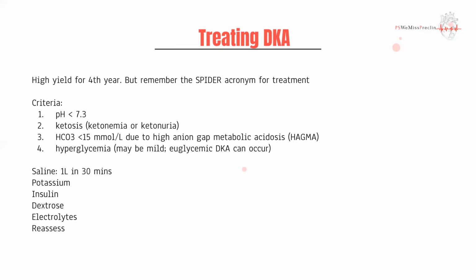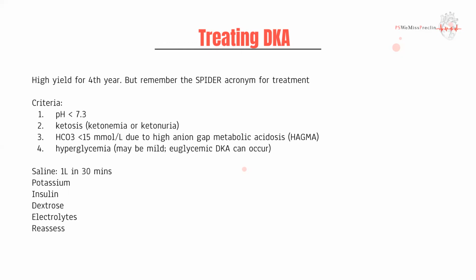Well, Karan, why are we giving them potassium? Well, because the mainstay of treatment is to start them on insulin. So when we start them on insulin, their potassium is going to very quickly shift from outside the cells to inside the cells, or from the blood into the cells. And that puts them at a very high risk of hypokalemia, or low levels in the blood, and that is going to put you at a high risk of arrhythmias.